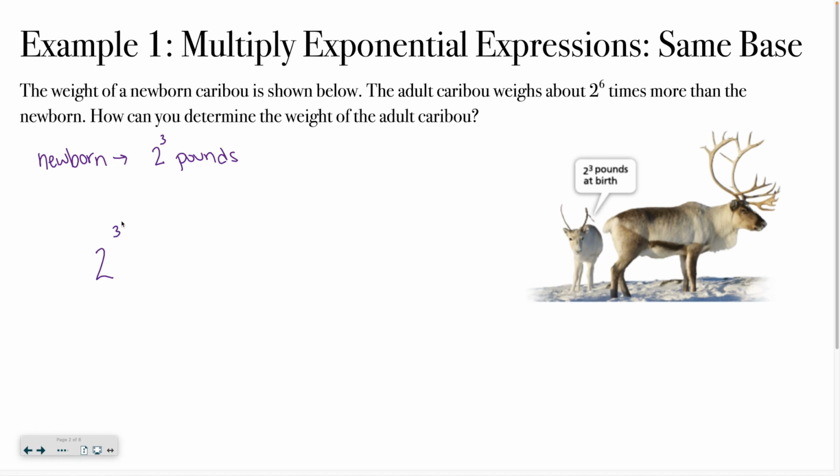That 3 is an example of an exponent, and this larger number at the bottom is called the base. The whole thing put together is called a power, which seems a little confusing because sometimes when we read this, we would say 2 to the power of 3 or 2 to the 3rd power.